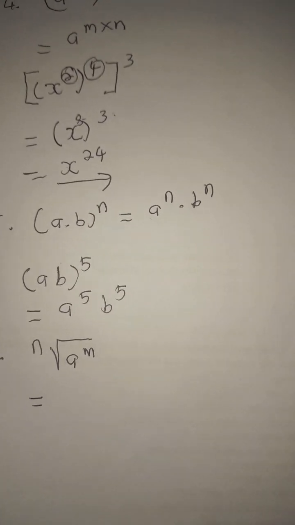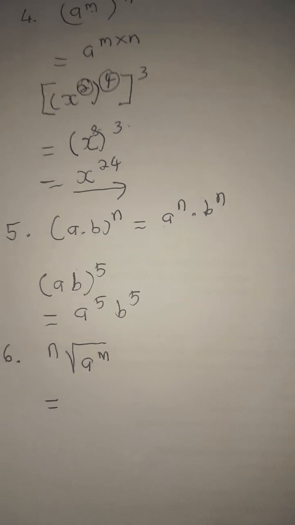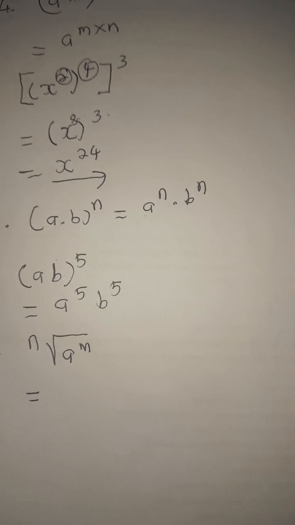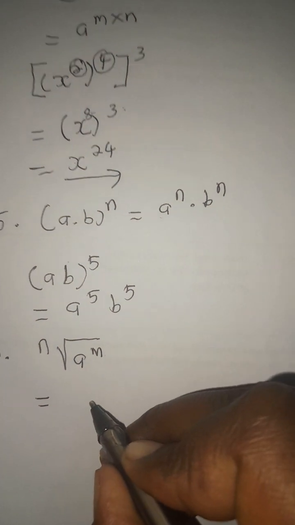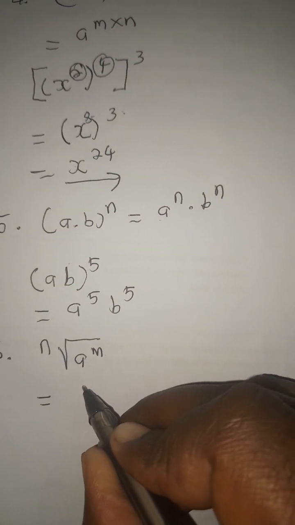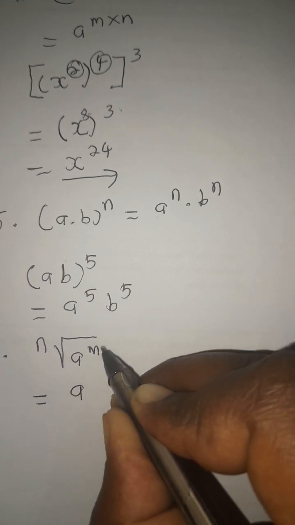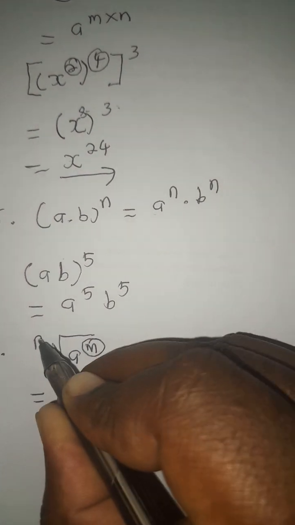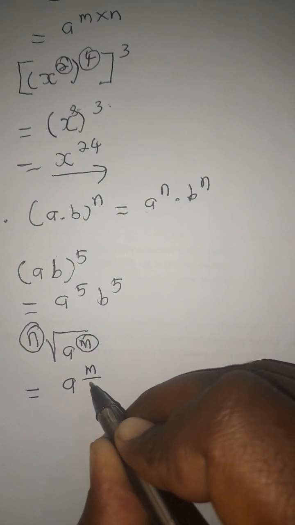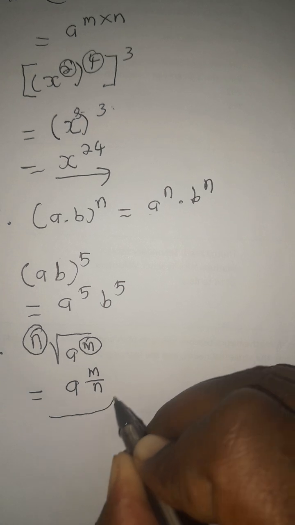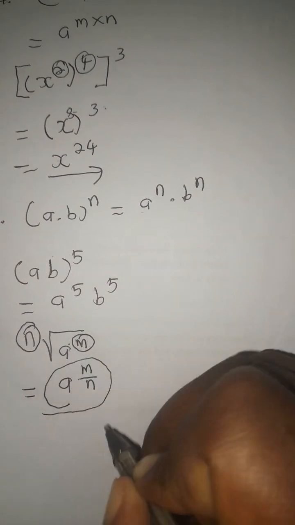Very important part. So we call this root definition. How do we get rid of a root? Very important part. You may ask, how do we get it, Mr. Richard? Consider you're having a, then this will be our numerator, and this will be our denominator. So we are going to have m to the power of n. So this is how you get rid of a square root, right?